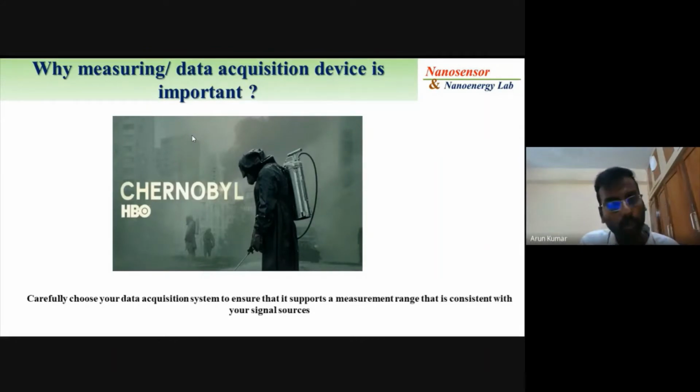If you go with a low frequency instrument to measure a high frequency signal, you won't get proper data. Also the impedance is the most important thing. The impedance of the measuring instrument is the most important thing when you measure an electrical signal. I'll tell you what happened in my research.